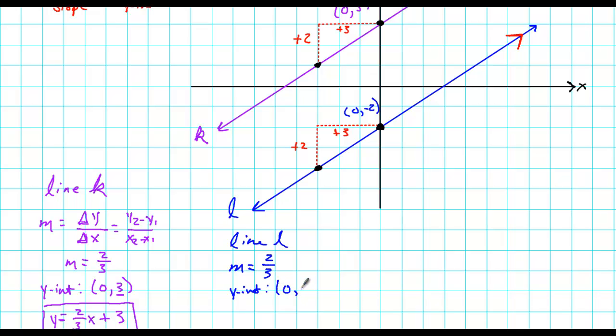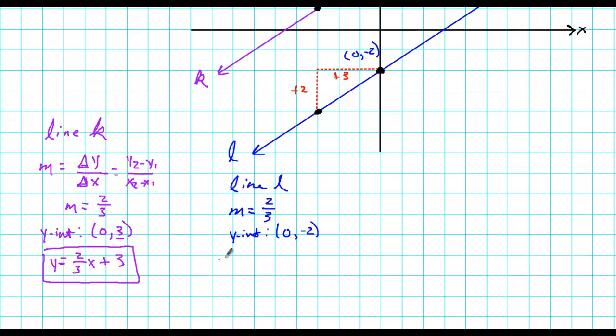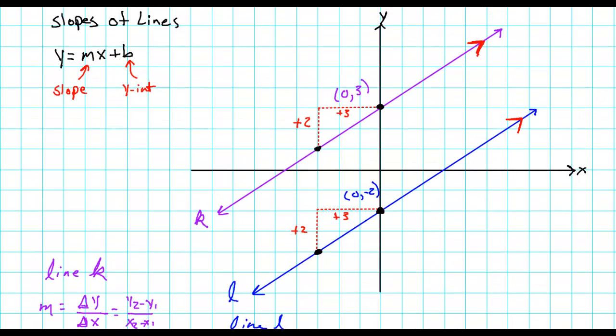That's the point 0, -2. Scoot down a little bit more, I can write down the equation. y equals 2 over 3x minus 2. Remember, whatever this number is, if it's -2, you put -2 in your equation. All right. Remember, pause it if you need to.